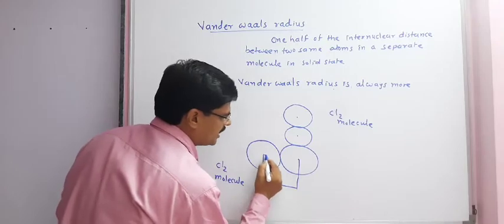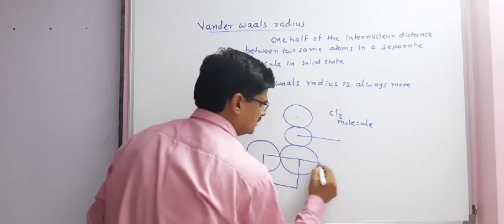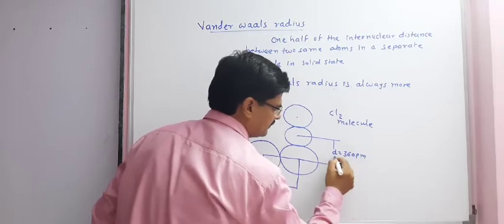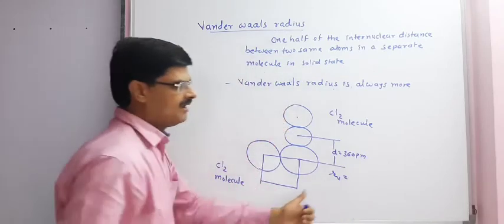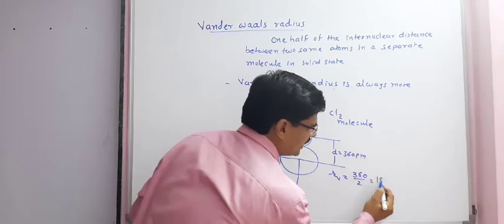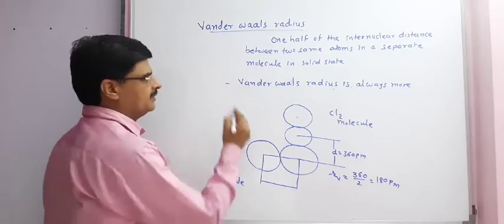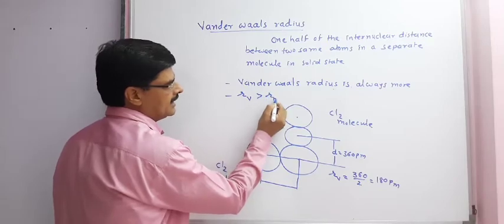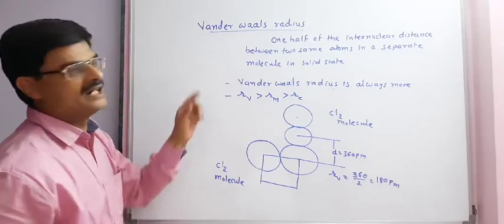This is the internuclear distance. This distance is 360 picometer. Therefore, Van der Waals radius is equal to 360 divided by 2, that is 180 picometer. So once more, from all the radius we can write Van der Waals radius greater than metallic radius greater than covalent radius. So this is about Van der Waals radius.